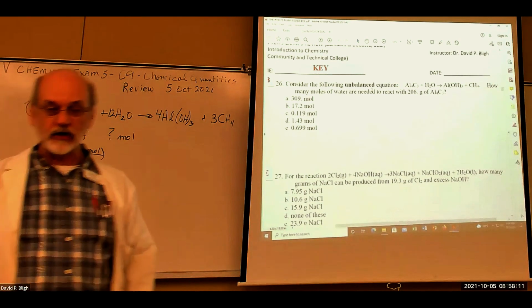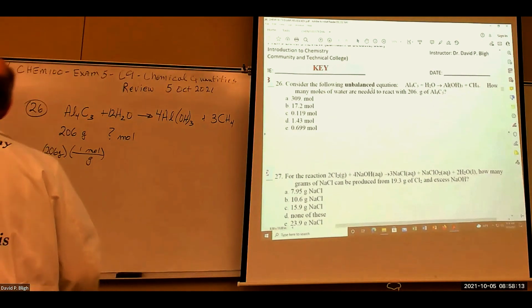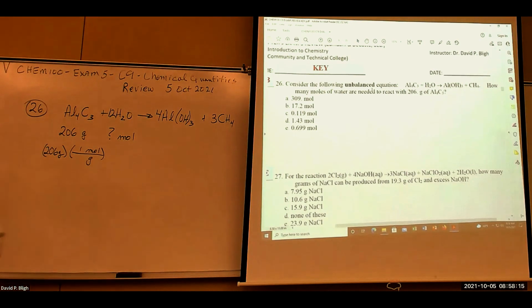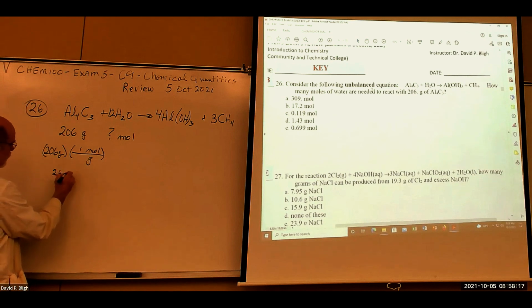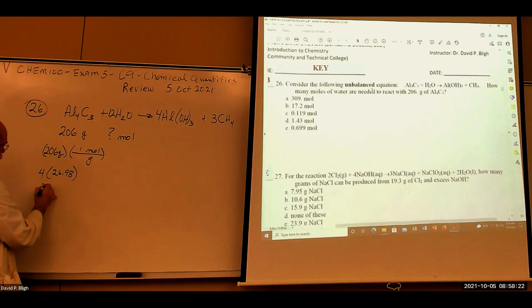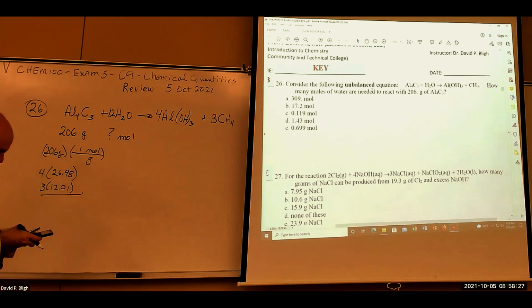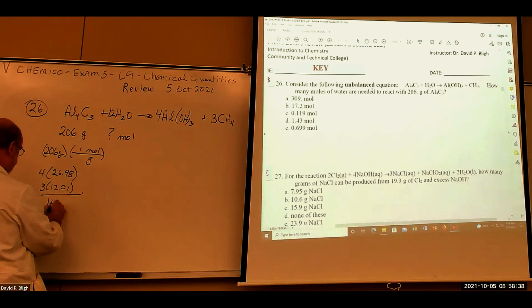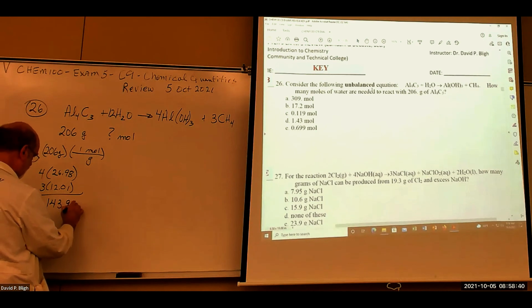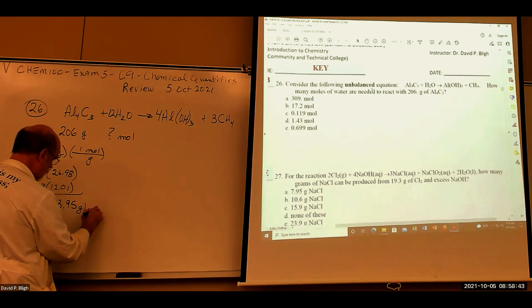Well, we need to go back and look at aluminum again. 26.98 times 4, and then 3 times carbon. Let's do that calculation. I get 143.95 grams per mole.